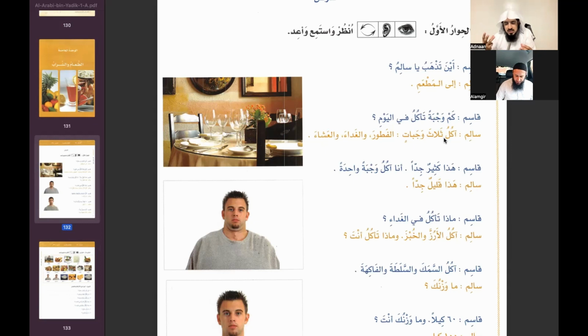So look here, Asha is close to Isha, Salatul Isha in the night. And Ghada in the middle, that's your lunch. And Fatur is your breakfast. آكل الرز والخبز. So look here, there's Alif and Lam, and then Alif again. Akulul.